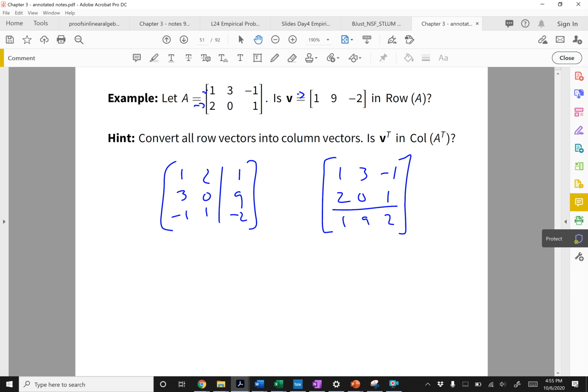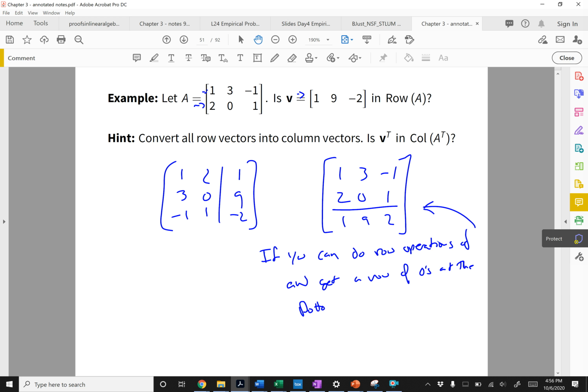They do it this way, and so if you can do row operations of this matrix and get a row of zeros at the bottom, then V is in the row space.